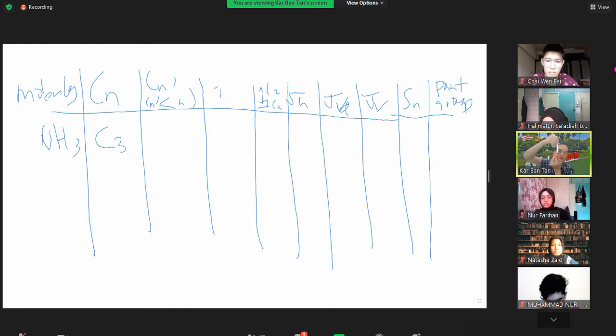Your symmetry operation will be C3, so you have to rotate 120 degrees. It must be 3 of the same kind in order to have C3. 4 of the same kind then only allows you to have C4. Remember that, very important. If you want a C5, you must have at least 5 of the same kind.